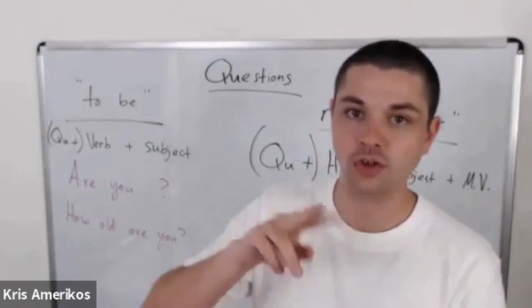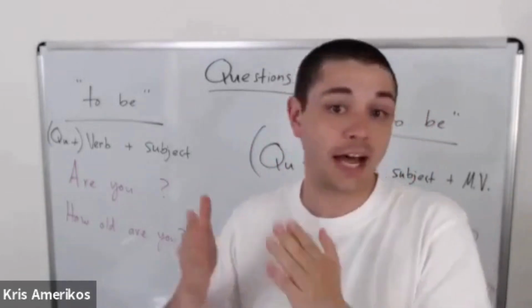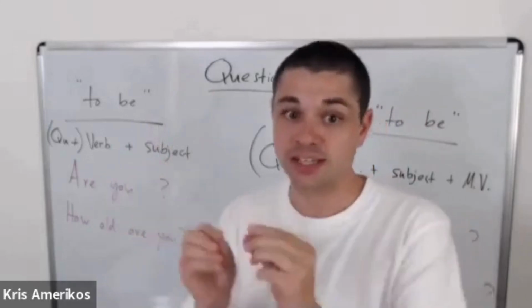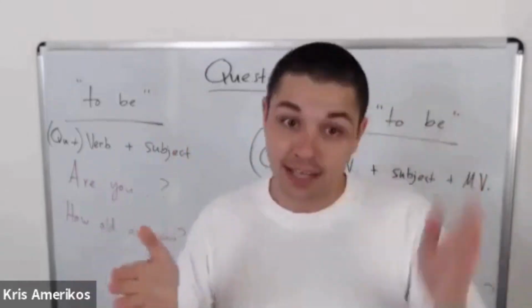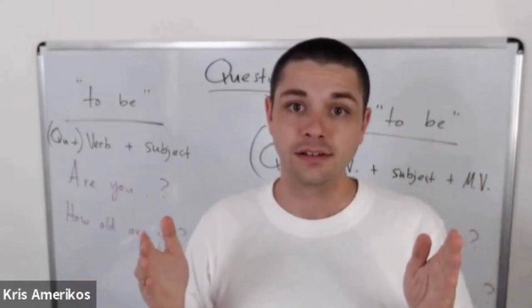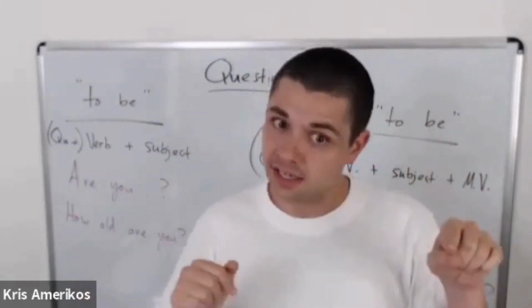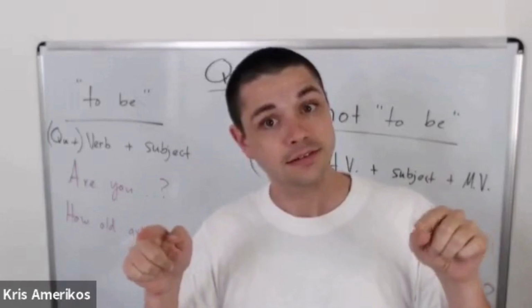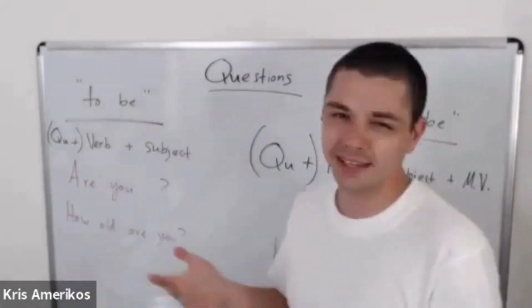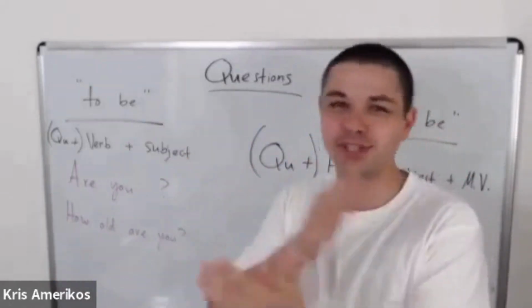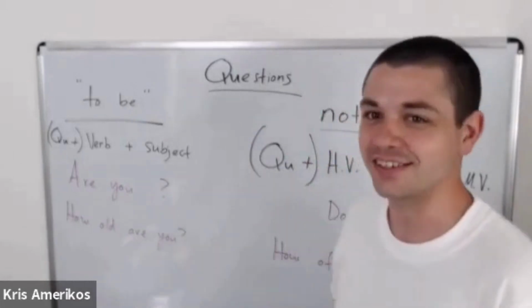So we need to change the order. So because it's not a question, we say subject and then verb. Mike is. But when it's a question, we say the verb and then the subject. Is Mike? Right? So the verb to be, it's easy. We just have verb and subject, and this is easy, right?